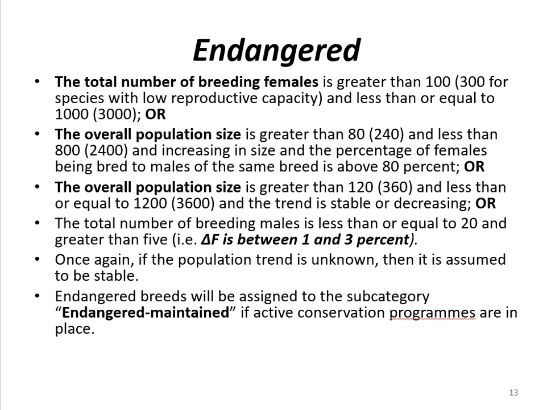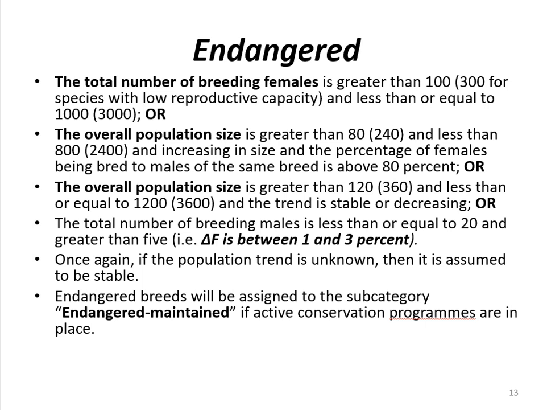Next category is endangered. It is less severe than critical. Here we have more than 100 breeding females and less than or equal to 1,000 females. So their category is 100 to 1,000. For low reproductive capacity, it should be 300 to 3,000.